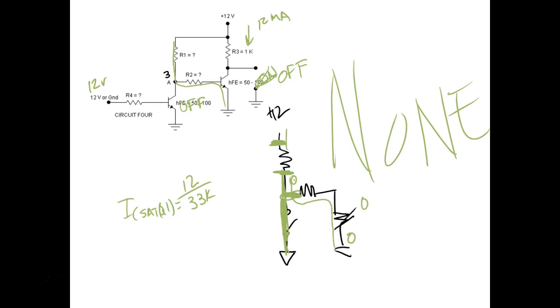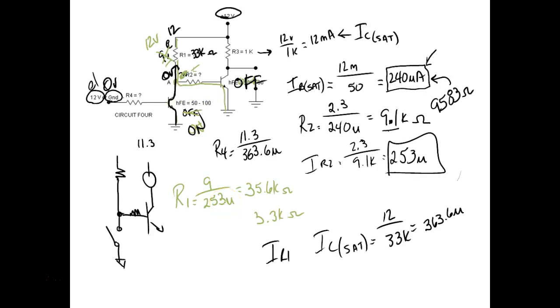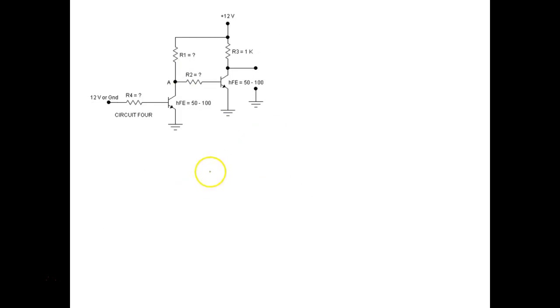So if this guy does this, then IC sat for Q1 to saturate this guy would be what? Do you understand, Anthony, makes sense now? Oh, I erased it.